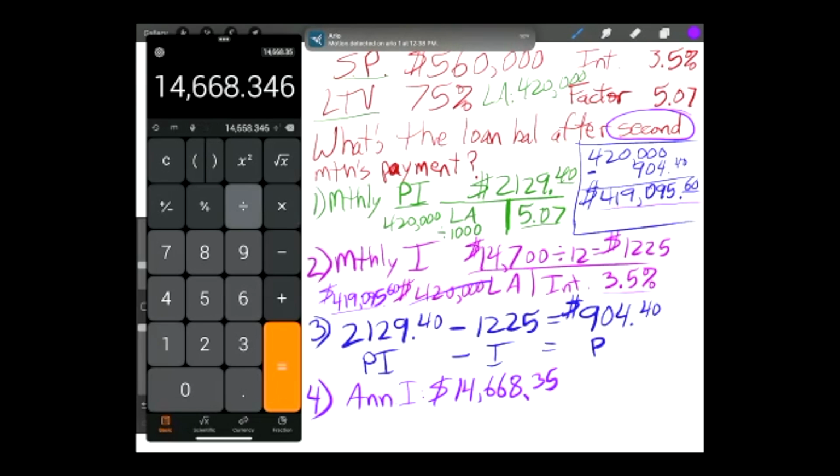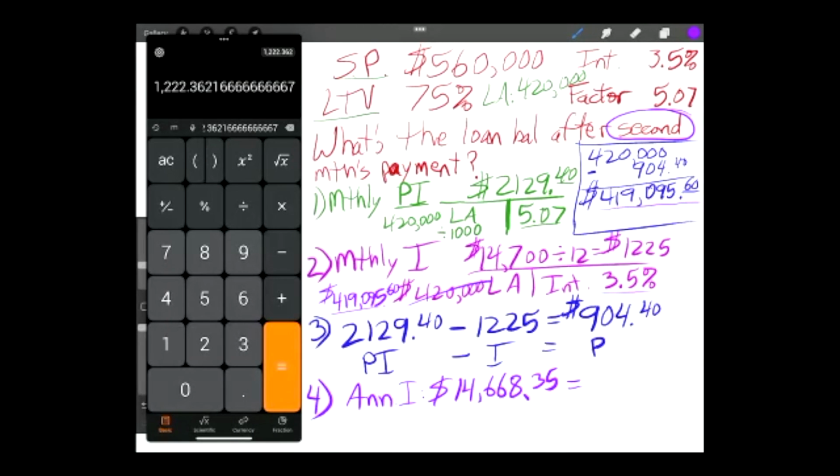We're going to need to turn that into a monthly interest, which is 1222.36. We're going to subtract that from the same monthly payment because we're keeping the same monthly principal and interest. It doesn't change. We always have the same monthly payment. 2129.40 was our monthly principal and interest.